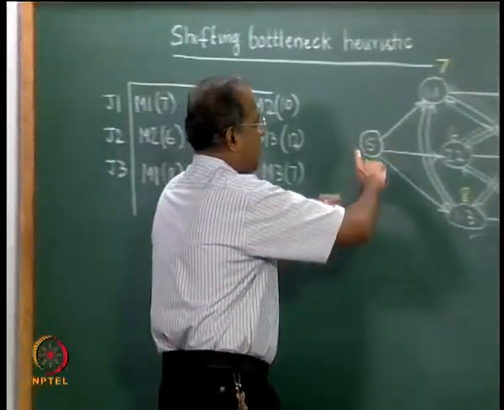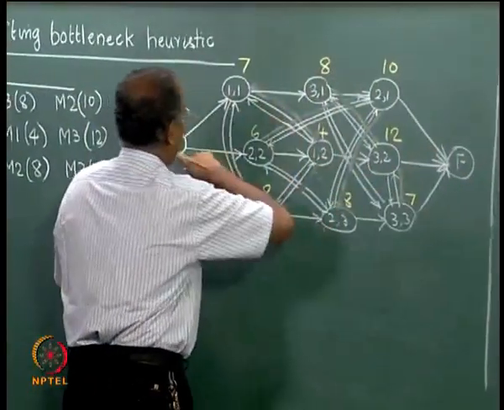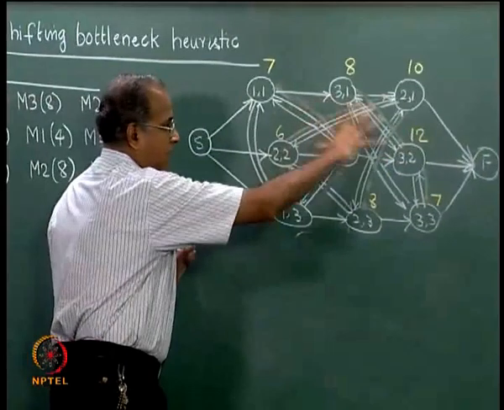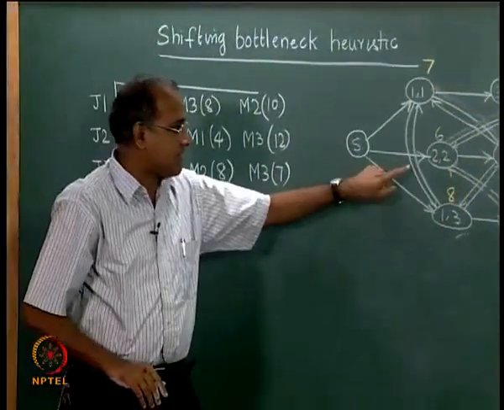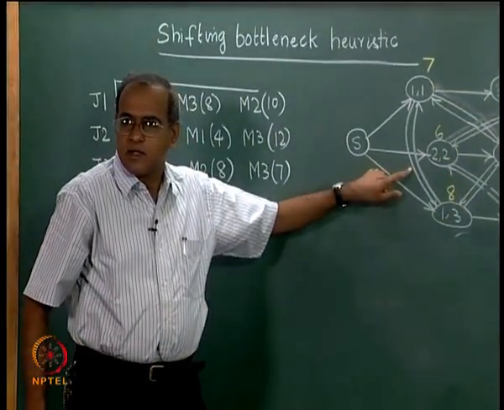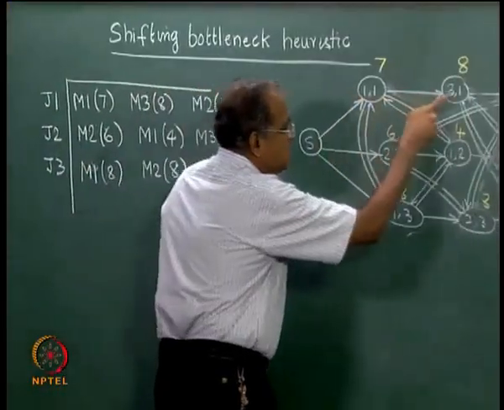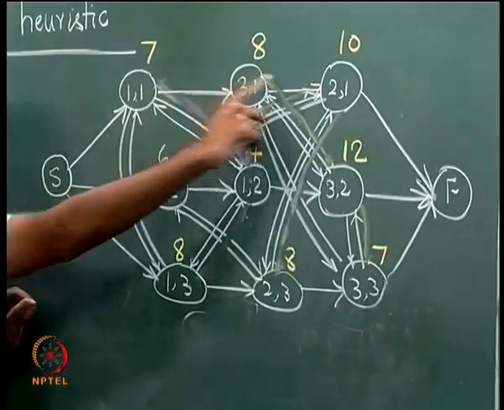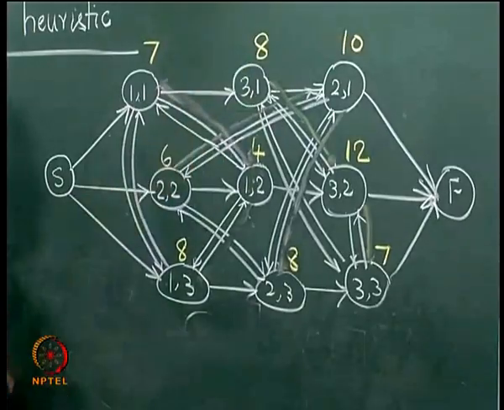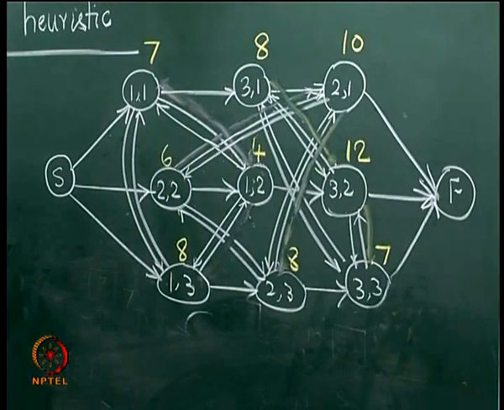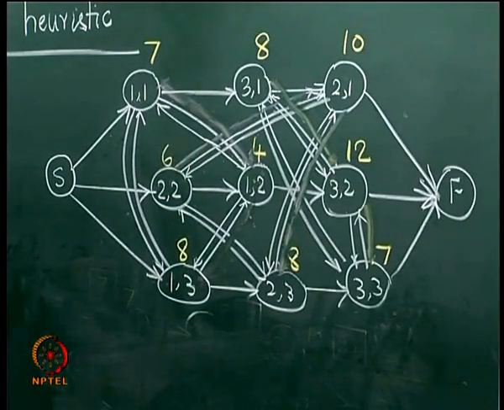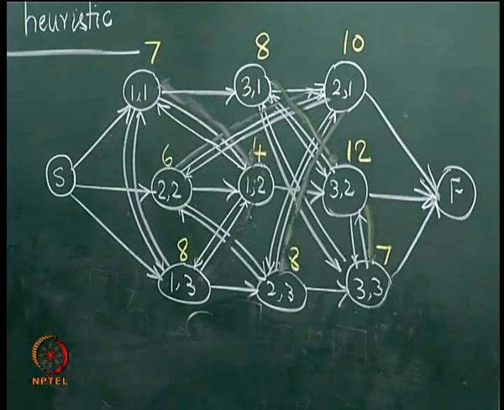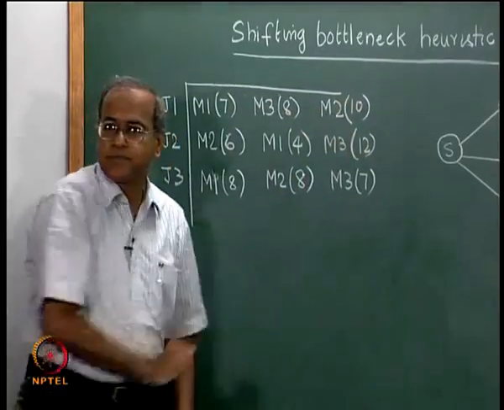If I start looking at this path to completion, temporarily ignoring these kind of arcs, and look at only these paths, this path is 7 plus 8, 15 plus 10, 25, which represents the total processing time for job 1, which is a simple addition of these 3.